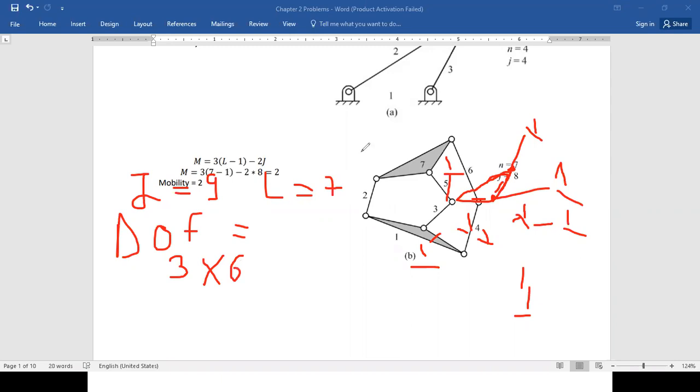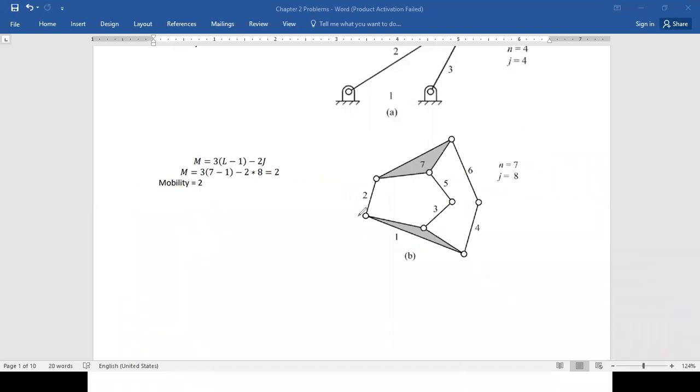Sorry, the joints came out as 8 or 9. Let me check again. 1, 2, all of them full. 3, 4, 5, 6, 7, 8. Okay, so it's 3 times 7 minus 1, 3 times 6 minus 2 times 8. So we got 18 minus 16, 2 degrees of freedom.